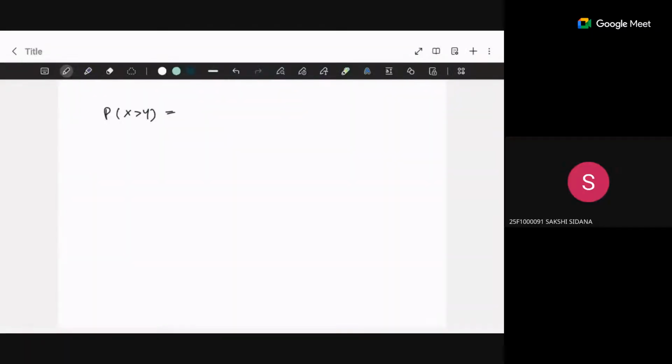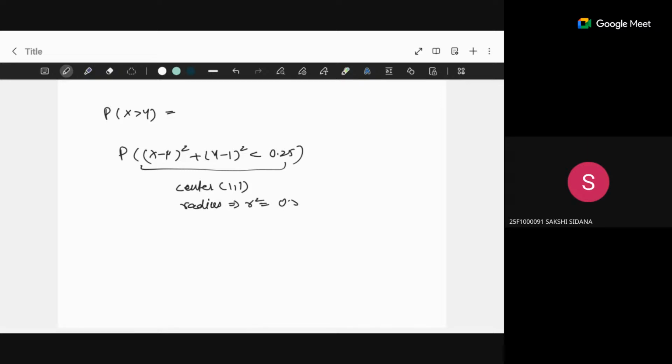I need to find the probability of (x minus 1) whole square plus (y minus 1) whole square less than 0.25. It is actually the equation of a circle in which my center is 1 comma 1 and my radius squared, r square, is equal to 0.25.